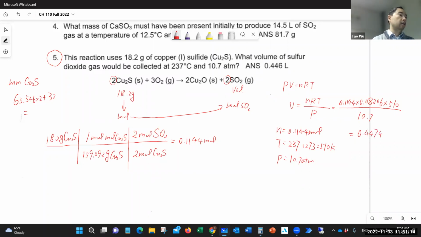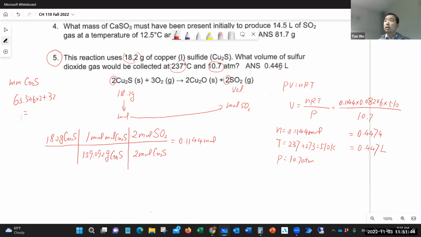If you want to keep the correct sig fig, we look at 3 sig fig, so we should keep 0.447, and this is in liter. Well, there's a little bit of difference. Probably it's because of the molar mass you use. If it's just a little bit of difference, then that's totally fine. All right, so this is how we do the stoichiometry.